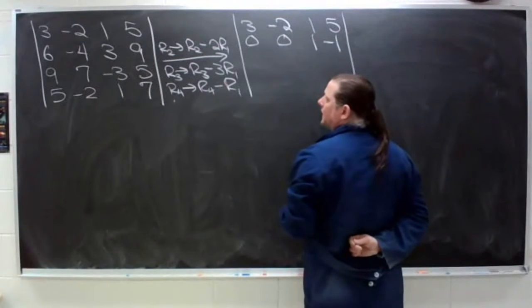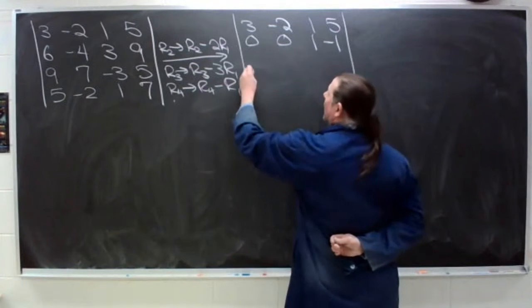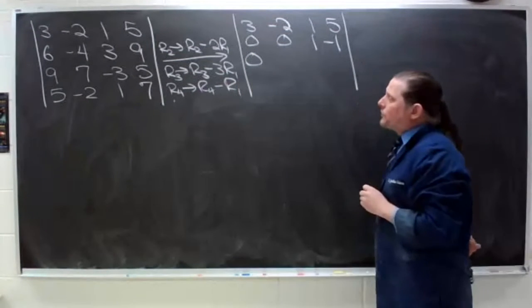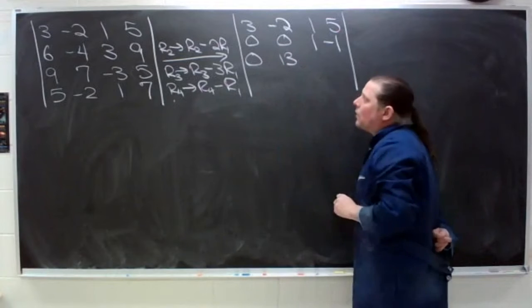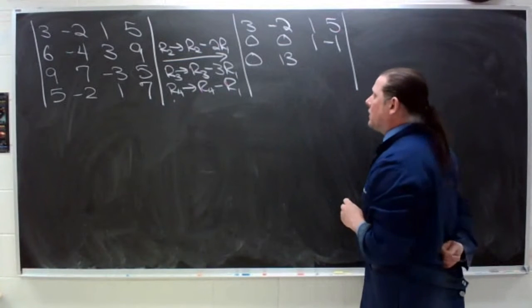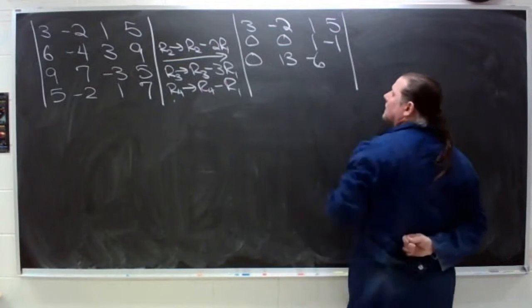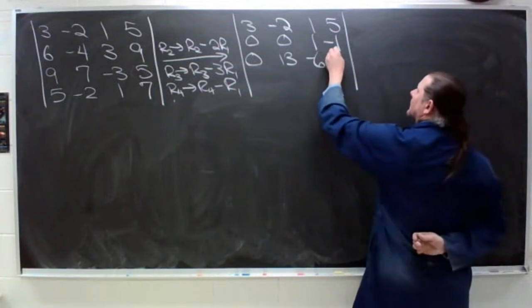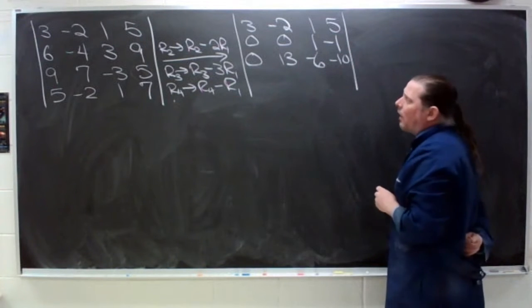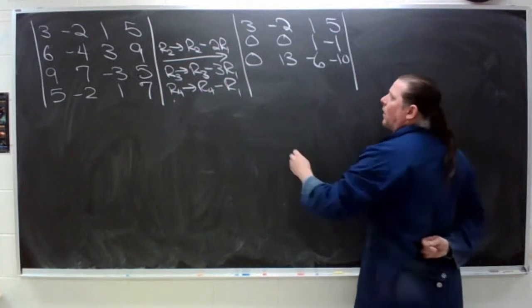So that's going to be 0. Row 3 minus 3 row 1, I think that's 13. Row 3 minus 3 row 1 is negative 6. And row 3 minus 3 row 1 is negative 10. All right, then it's row 4 minus row 1.